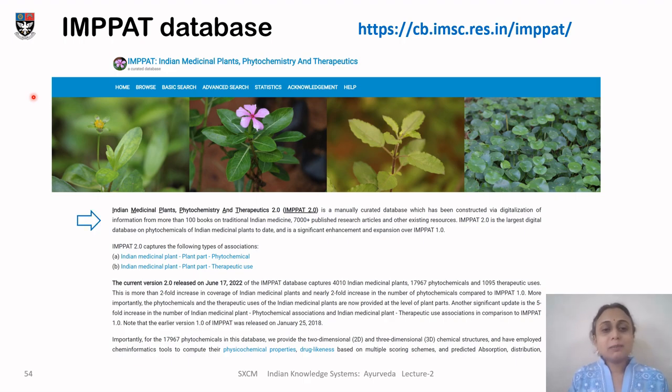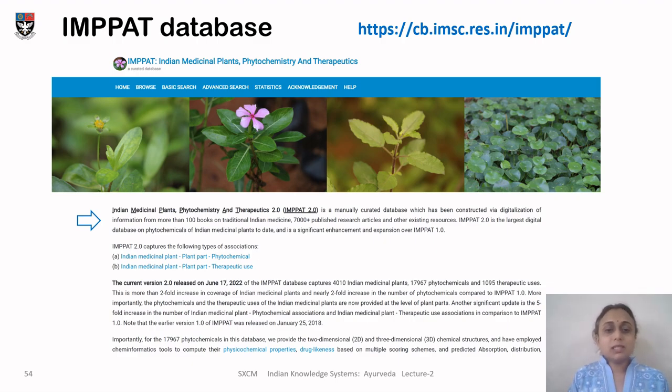The IMPACT database contains information from more than 100 ancient textbooks, from more than 7,000 scientific research publications in peer-reviewed journals, and other sources. It has information on more than 4,000 Indian medicinal plants, around 18,000 phytochemicals or plant chemicals that are present in these plants, and over 1,000 therapeutic uses for each of these chemicals.